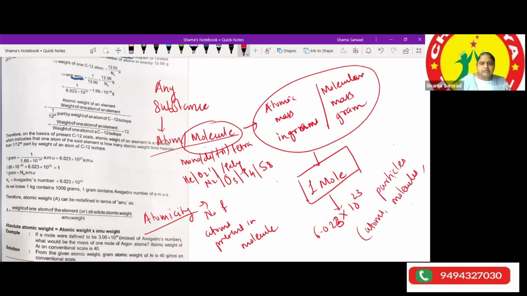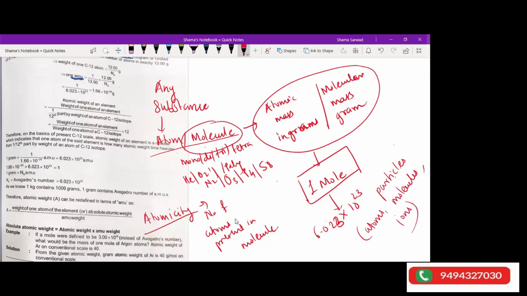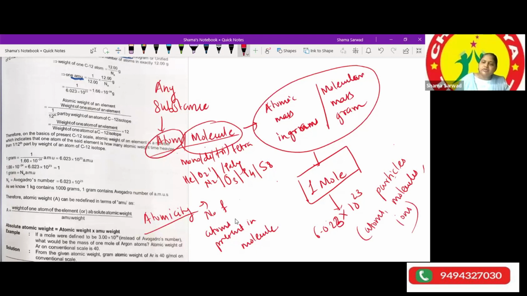Clear? Fine. If an atom is given, then 6.023 into 10 raised to 23 atoms would be present in your given substance. If they ask for the molecule, 6.023 into 10 raised to 23 molecules are present. And if ions are given, at that time you have to write 6.023 into 10 raised to 23 ions. Clear?